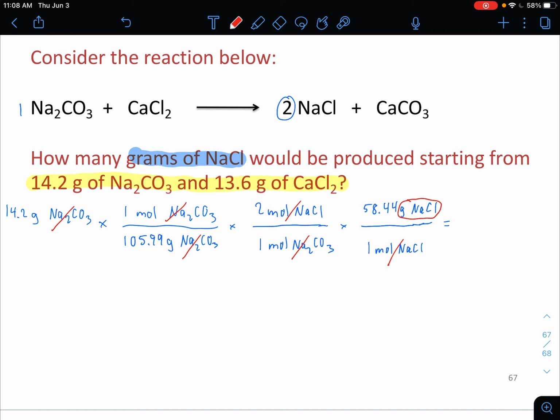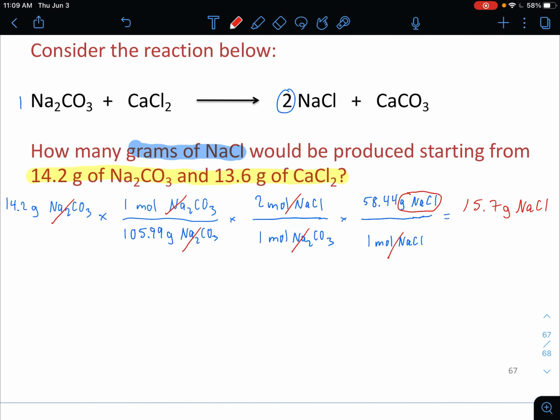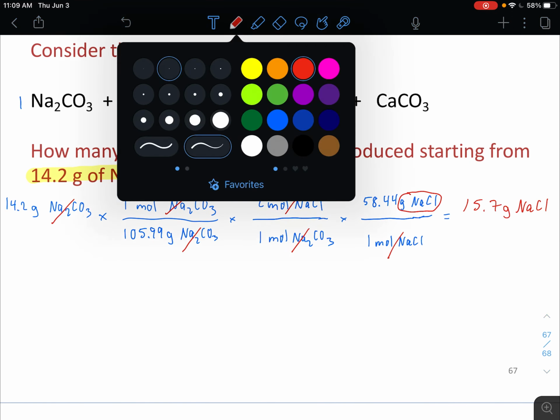Let's calculate that. 15.7 grams sodium chloride. Okay, I don't have anything to do with that number yet, right? I need to calculate it for the other reactant before we can really go any farther.